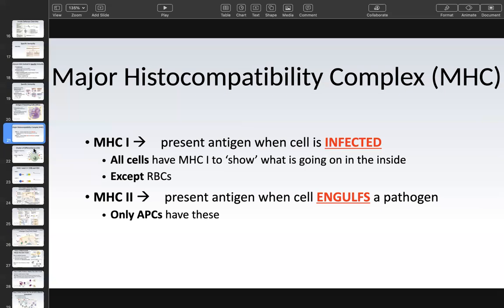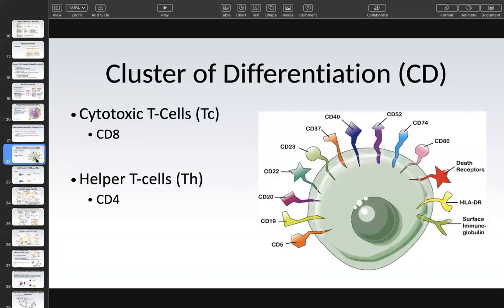What we'll now do is match the MHC1 complex and MHC2 complex to the player in the T lymphocyte arena that will become activated as a result of MHC1 and MHC2 activation.